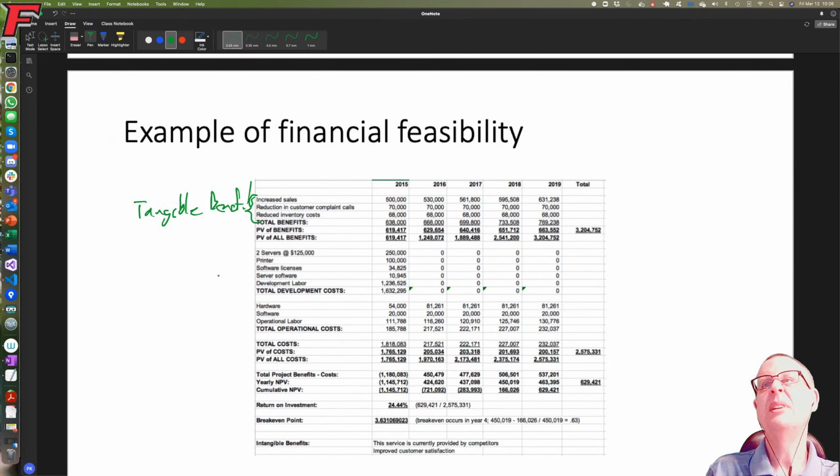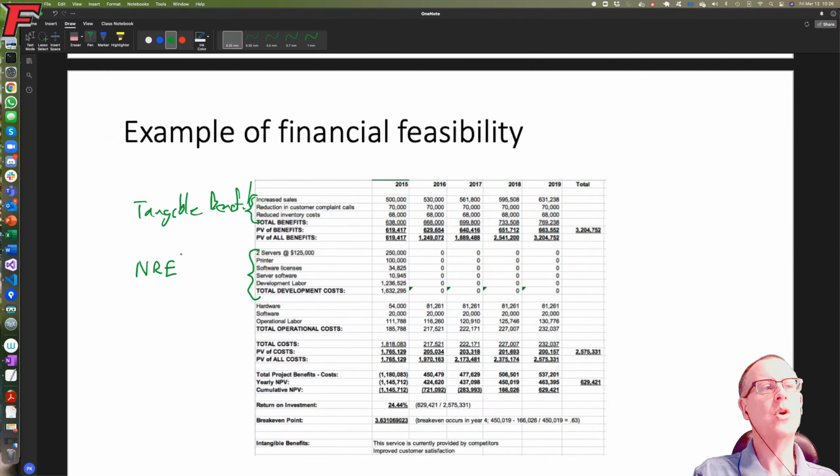And then here are what I would call NRE costs, right? Non-recurring engineering costs. They're one-off costs that need to be incurred in order to build the product.